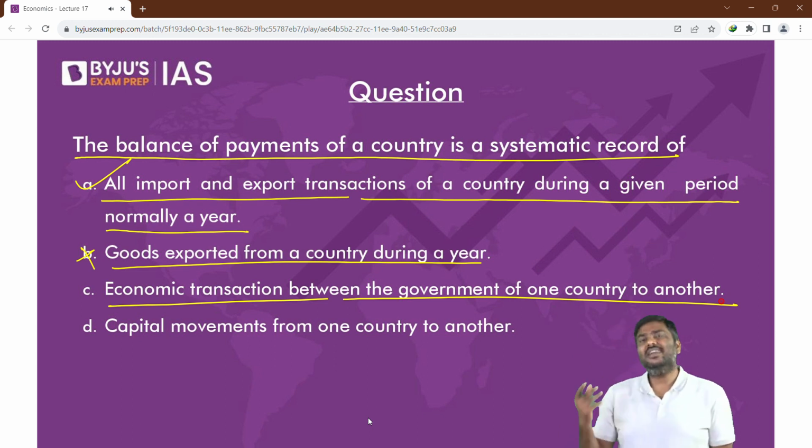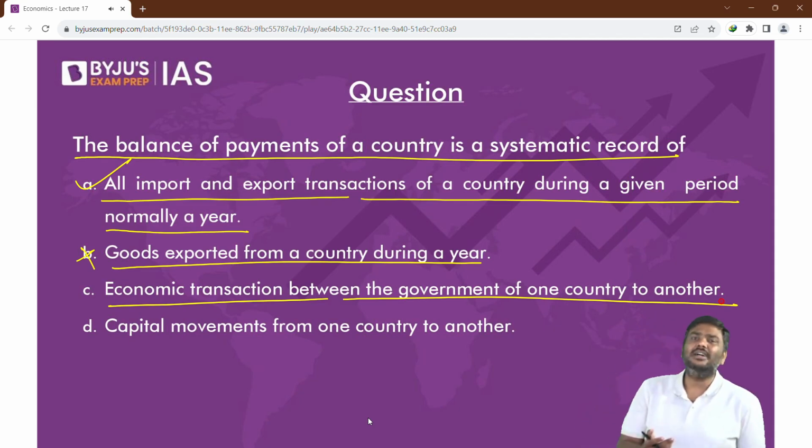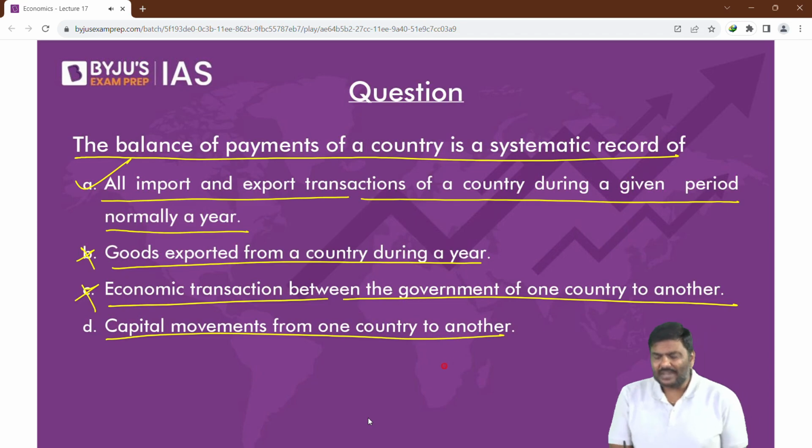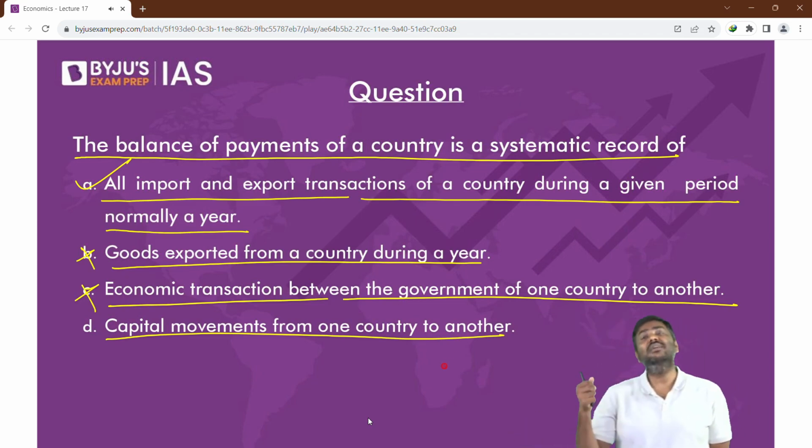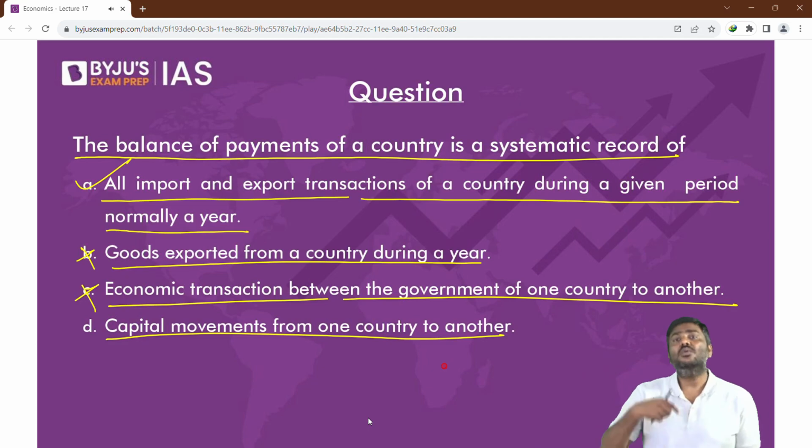Do you think transaction between government of India and government of USA is balance of payment? No. Right? What about imports? What about exports? What about remittances? What about investment income? Where is all that presented? C is wrong. Part of the transaction, not the complete balance of payment.